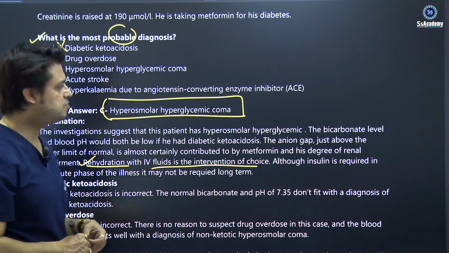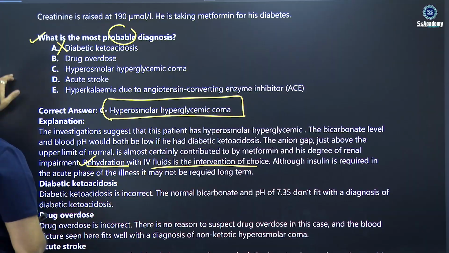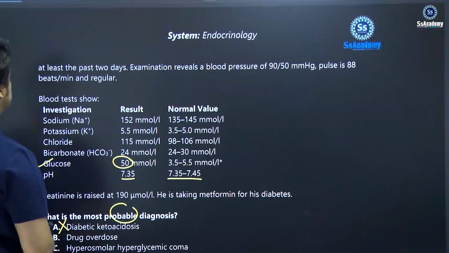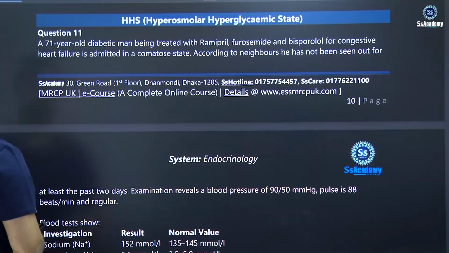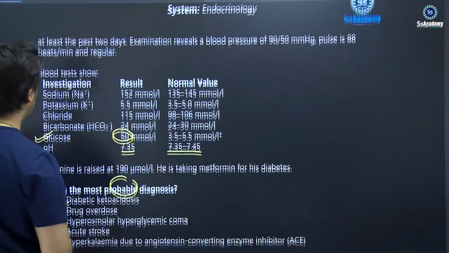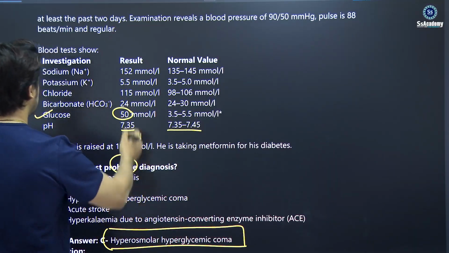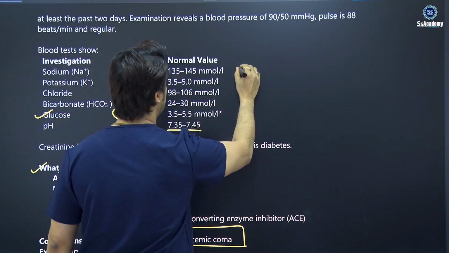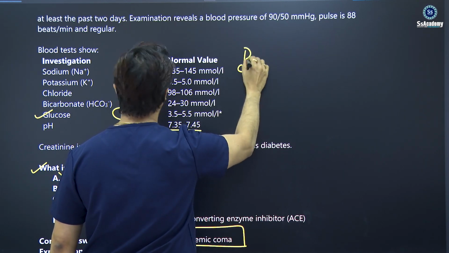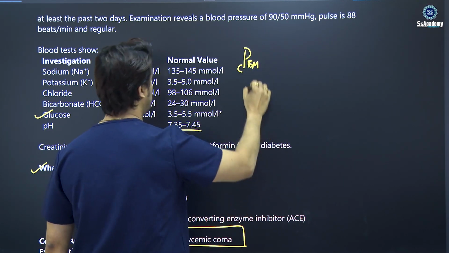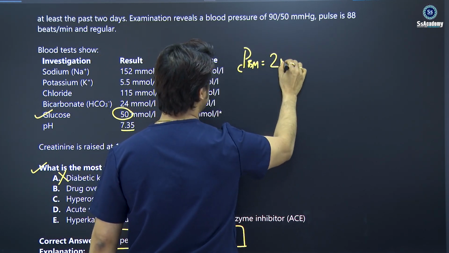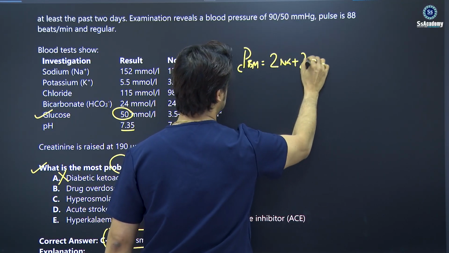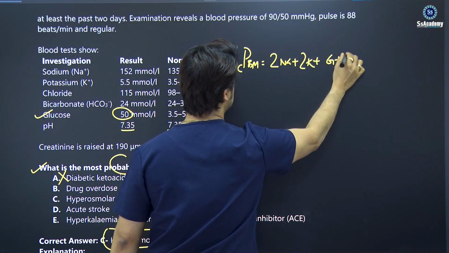Very importantly, you must know, my dear, the hyperglycemic hyperosmolar state. I'd like to go through the scenario a little. So this is hyperglycemia. You can calculate the plasma osmolarity, which is 2 sodium plus 2 potassium plus glucose plus urea.